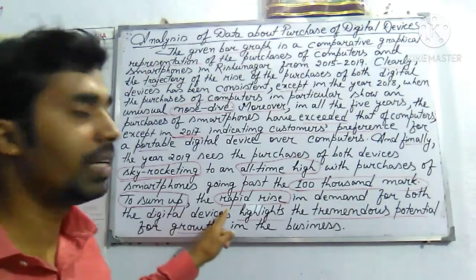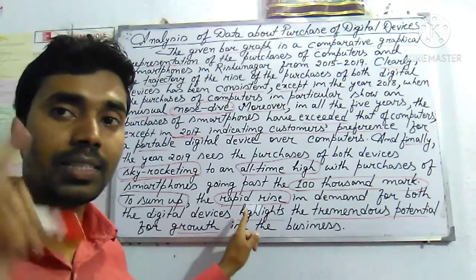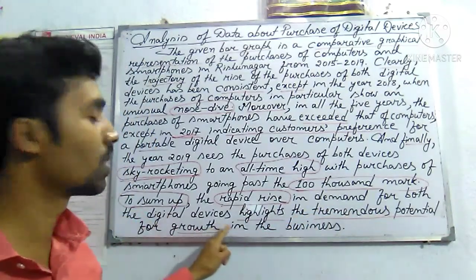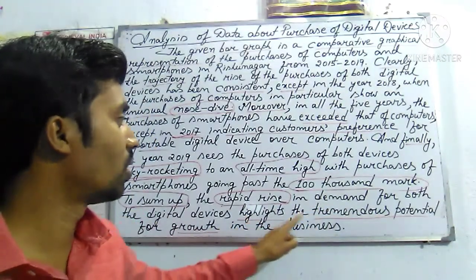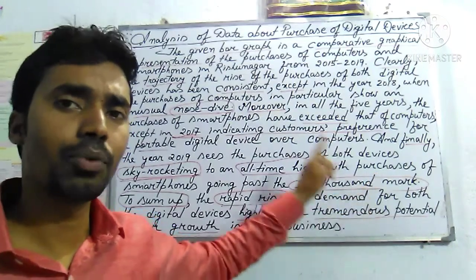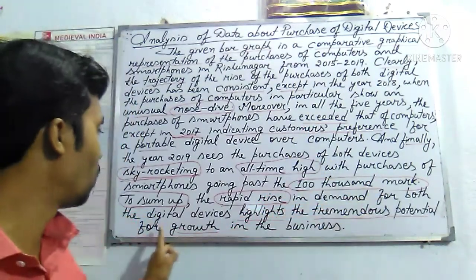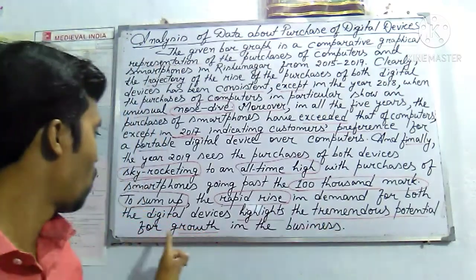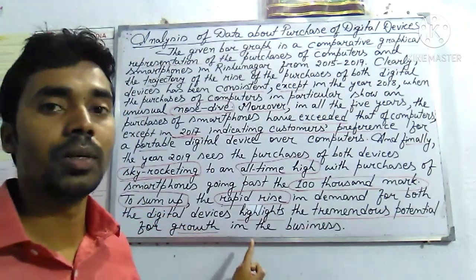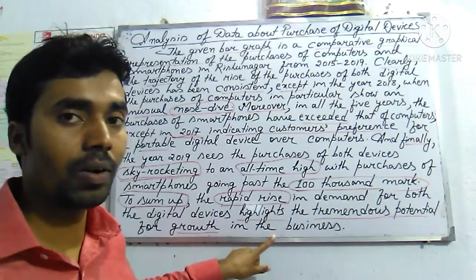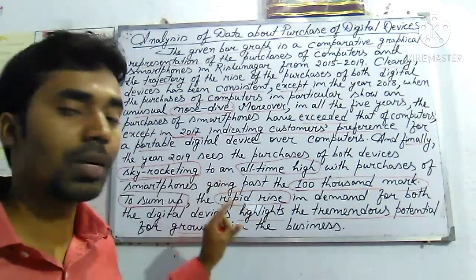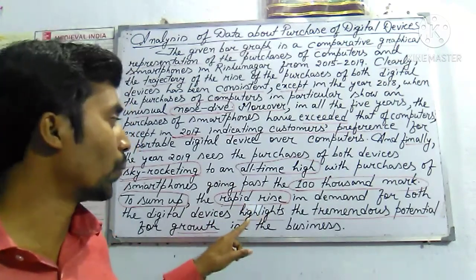So, to sum up, the rapid rise, again a technical word, the rise has been rapid in demand for both digital devices, highlights what? The tremendous potential. Is the great potential, great capacity, or possibility, prospects, I should say. Potential is prospect for growth in the business. Means the business of these 2 digital devices, smartphones and computers, can grow tremendously.